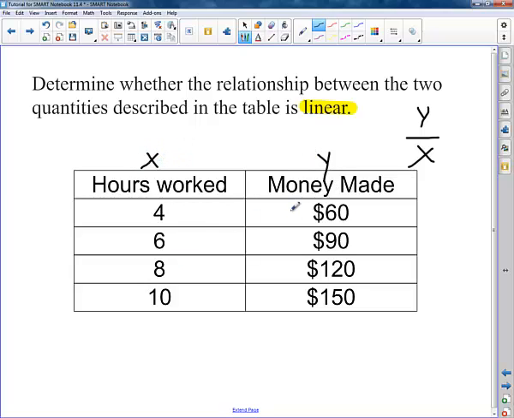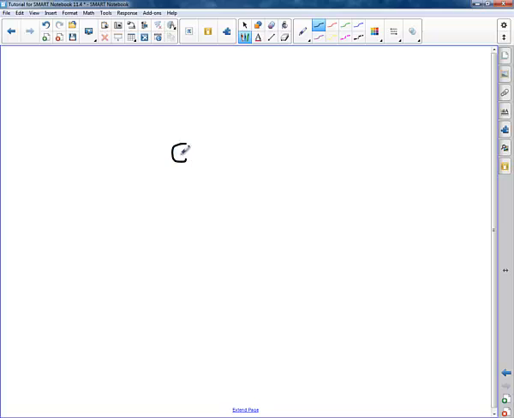Okay, so when I made $60, hours worked 4. So I'm going to do a new page here, and I'm going to do 60 and I'll divide that by 4. Okay, 4 goes into the 6 one time. 4 times the 1 is 4. 6 minus 4 is 2. Bring down that 0, and I got 20.